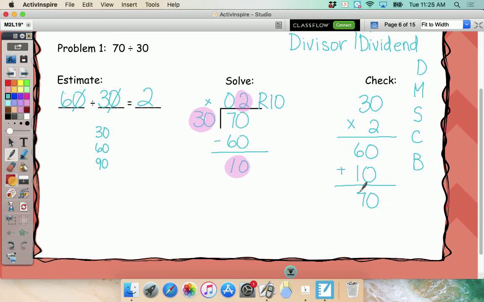And that should give me the dividend that I started with. Now I want you to do one more thing just the first few days that we do this. I want you to highlight those 3 numbers in here so you know you used all 3 of them. Because if you didn't use all 3, you're not quite done.